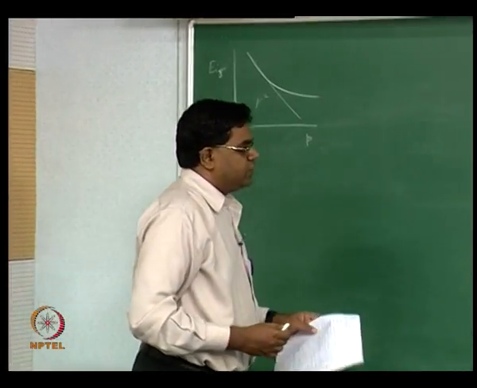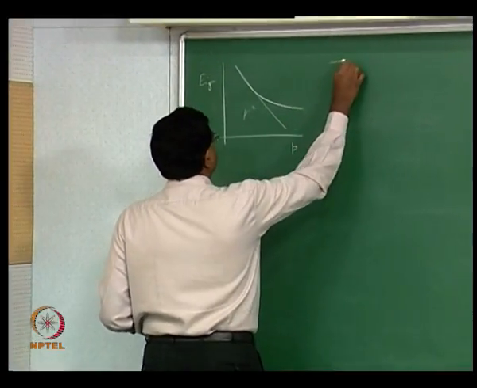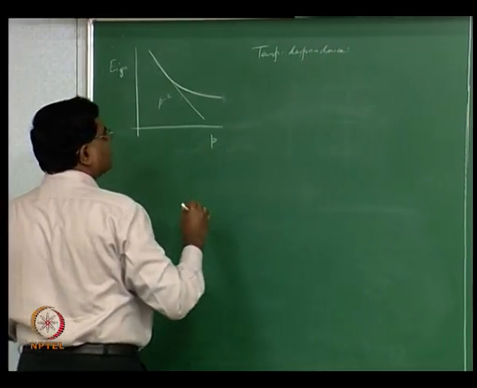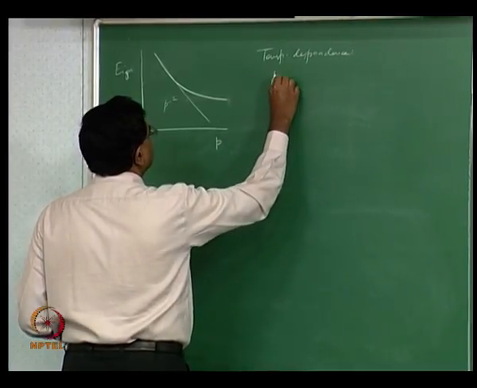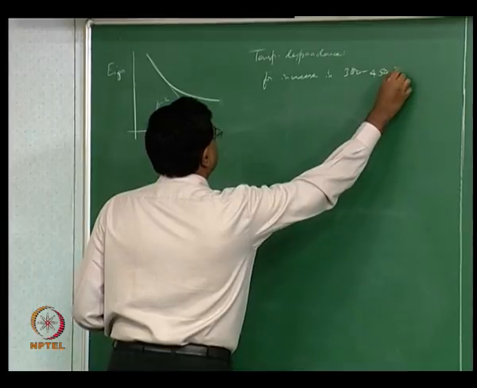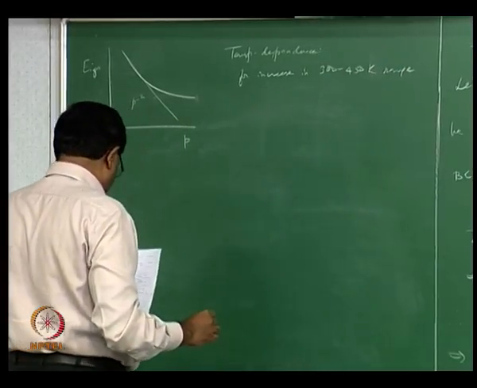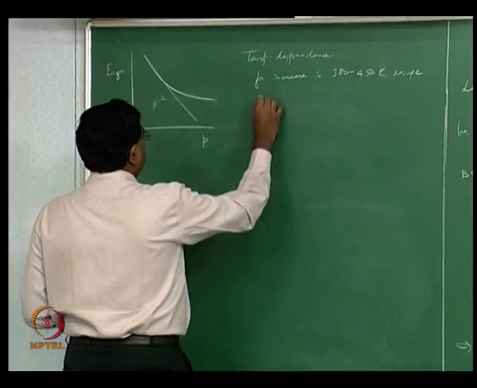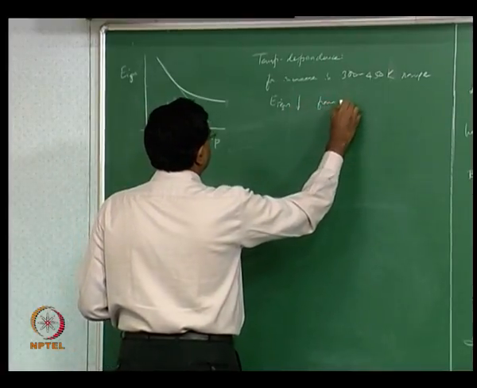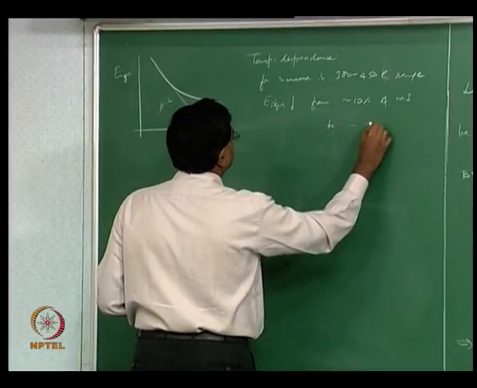And the other thing obviously we are interested in is the temperature dependence, and there is some data to suggest that for the temperature dependence, for example if you increase in the let's say 300 to 450 Kelvin range, the E ignition drops from around tens of millijoules to a few millijoules.